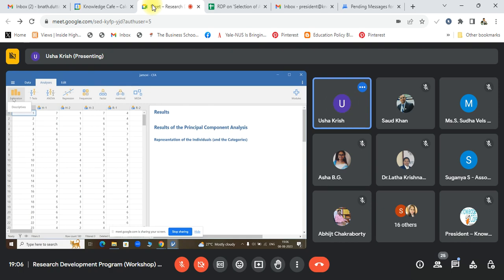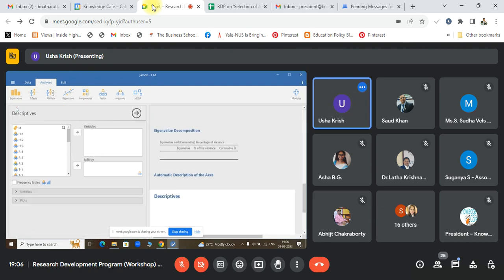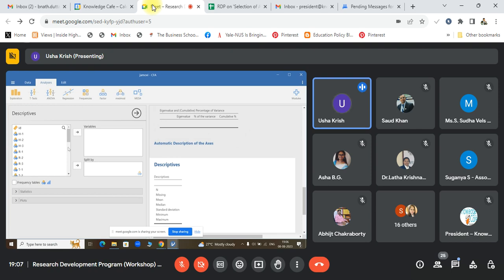Okay. Now, for example, I take the first one. Click on descriptives, and I want to calculate. Let us assume I want to calculate frequencies. If you click on descriptives, you can see this portion. There are two windows. Here, the data that I uploaded, you can see.